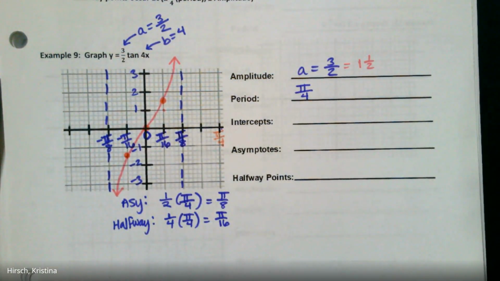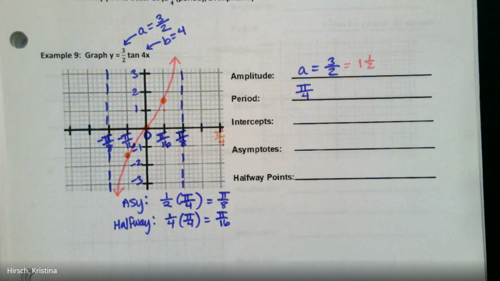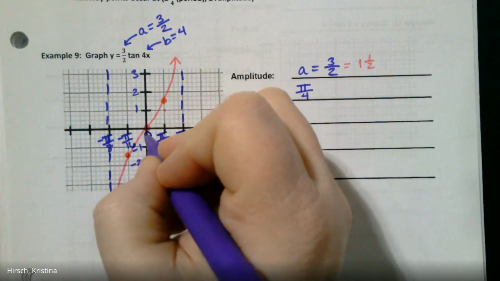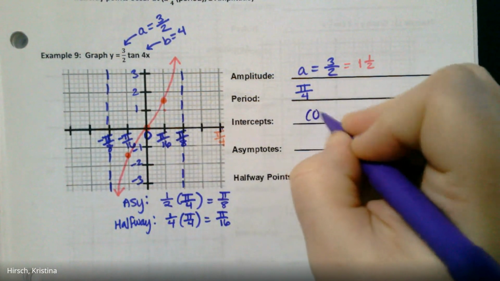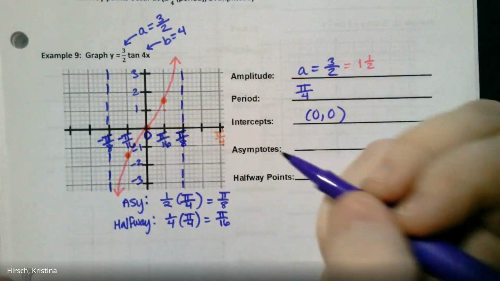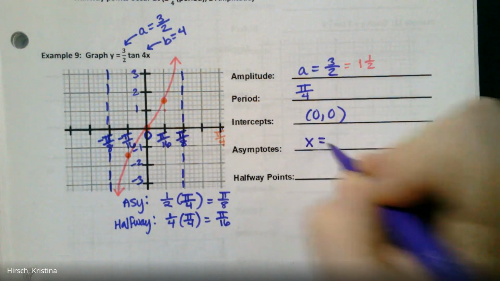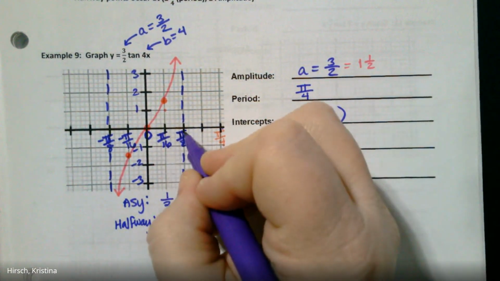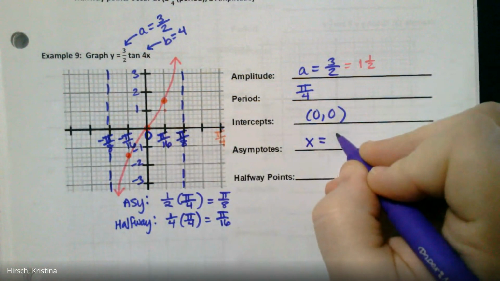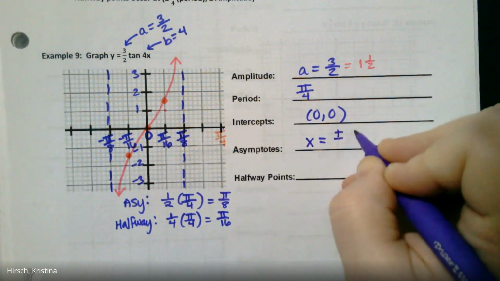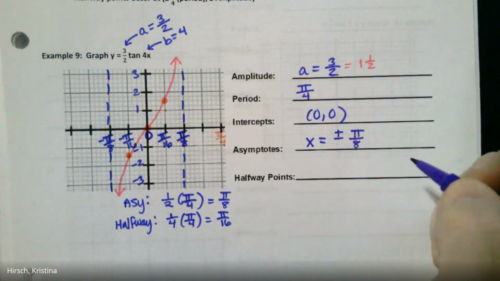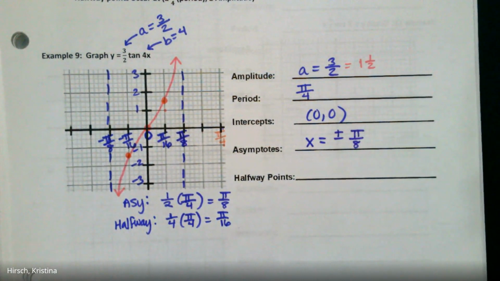So my intercepts, I only have one intercept in this case, which is 0, 0. And then I have my asymptotes at x equals pi over 8 and negative pi over 8. So plus or minus pi over 8. Now, when your graph starts shifting, you may have to separate that out.